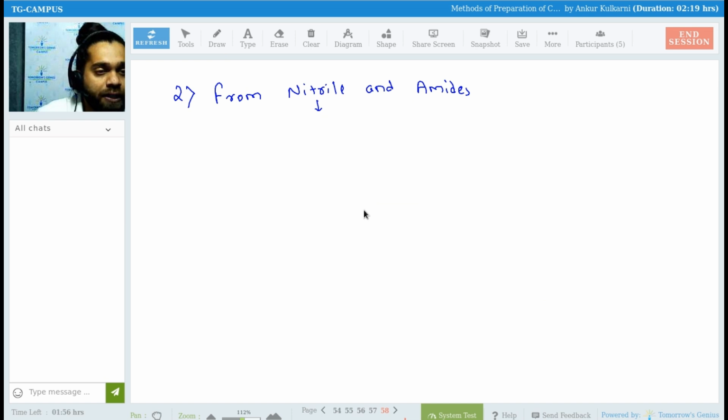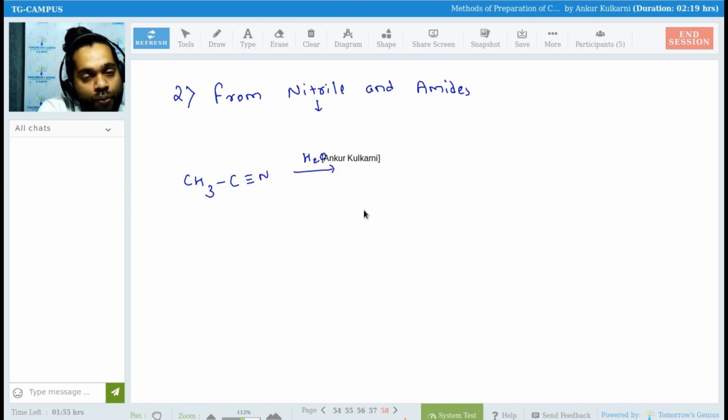So this nitrile, if I hydrolyze it, always remember this. It will hydrolyze like this: CH3, C triple bond N, it hydrolyzes in a funny way. This is H2O. If I hydrolyze it, what I'll get?